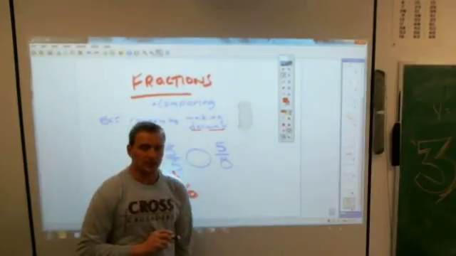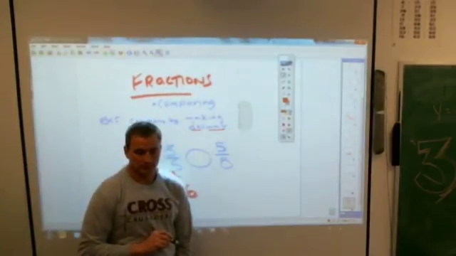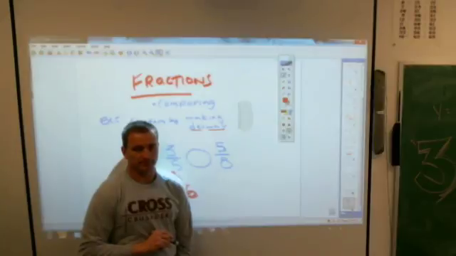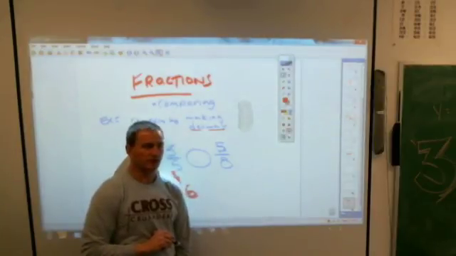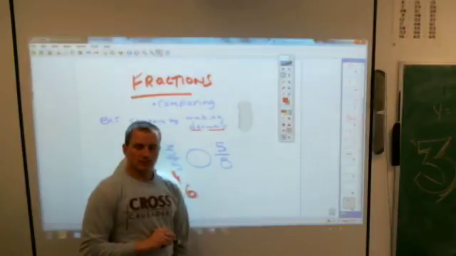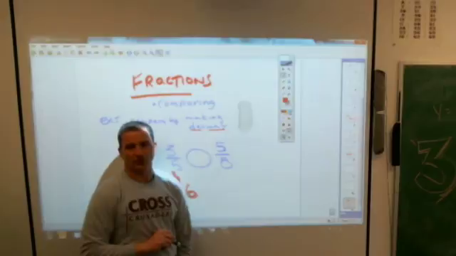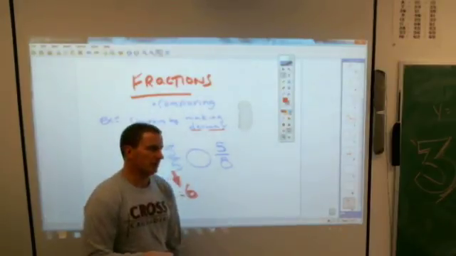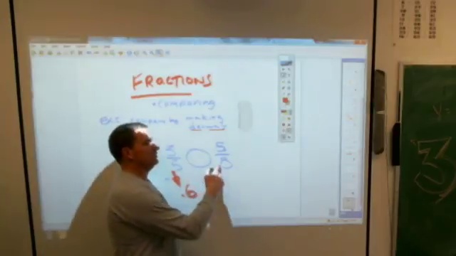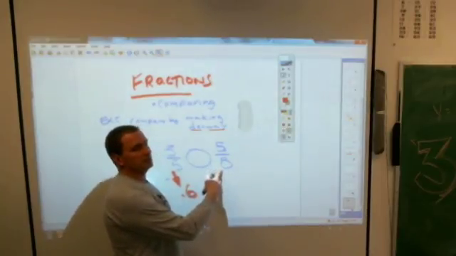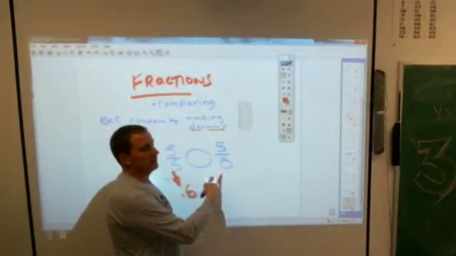5/8 would be, well, what's 1/8? 0.125. If you have 5 of those, now that might get a little tough for you. If it's too hard for you, you can change this to a decimal by doing what?